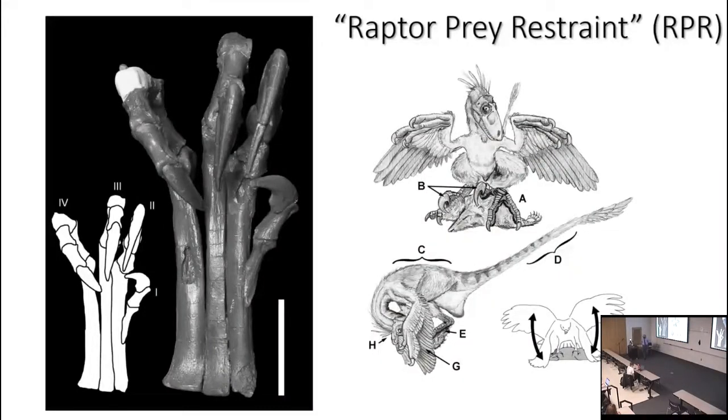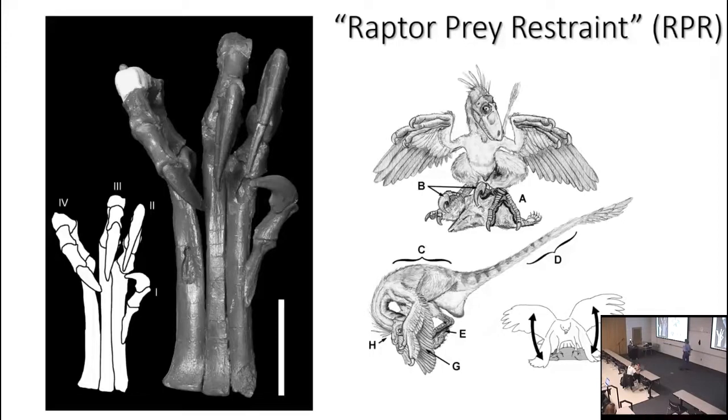Now, what is that big slashing claw for? Well, initially it was thought to be a slashing claw, but it's not made of steel. Although in smaller forms slashing can work, as anyone who's got a cat knows, slashing can be pretty serious. In terms of actual predation, piercing and holding is probably more important.